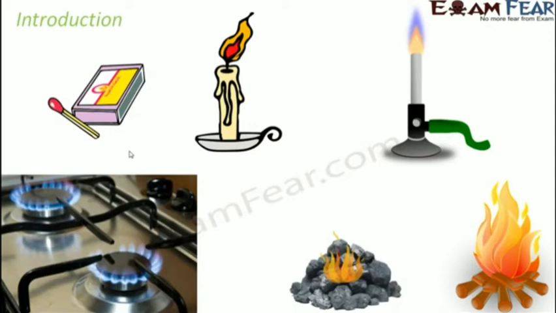We see the fire, right? So we see the flame of the candle. We can see that it is visible. Similarly, when the Bunsen burner is on, we can see the flame again. When you burn wood, you can actually see the fire which is being produced.